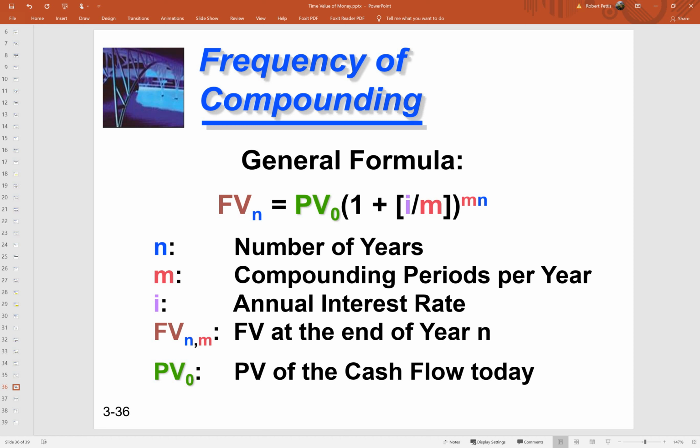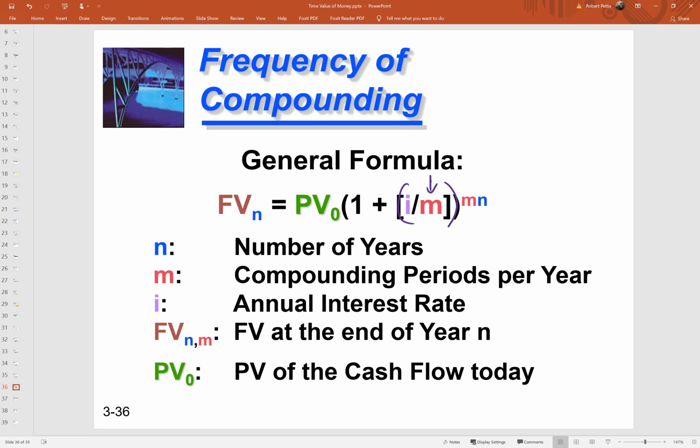All right, so we could also have compounding more than once a year. If that's the case, we would just alter our formula slightly. We could have it such that we've got m being divided in this interest rate bit.